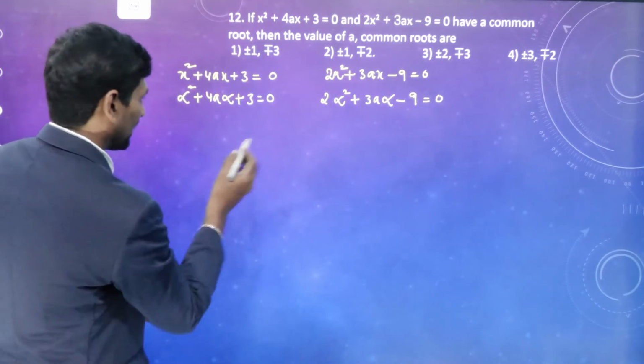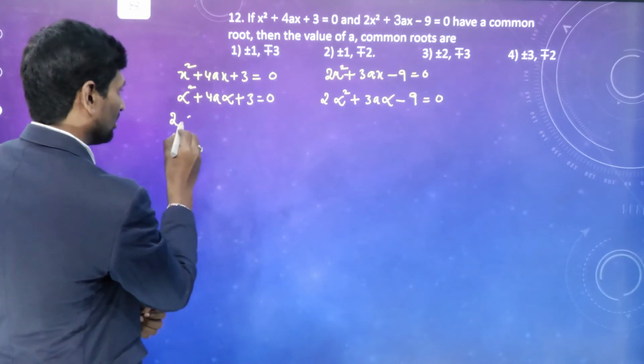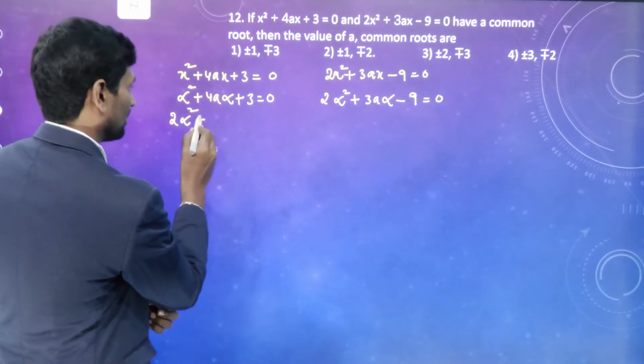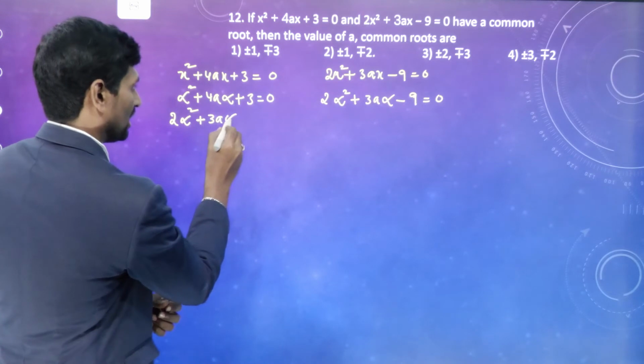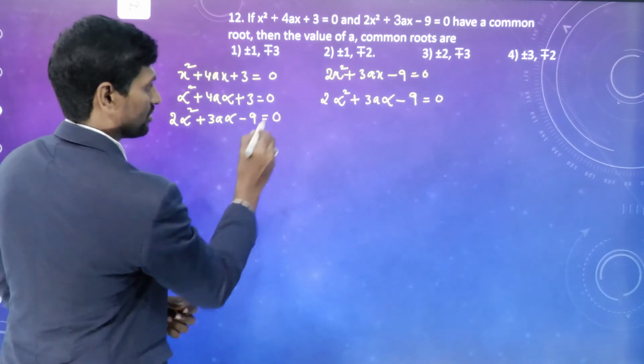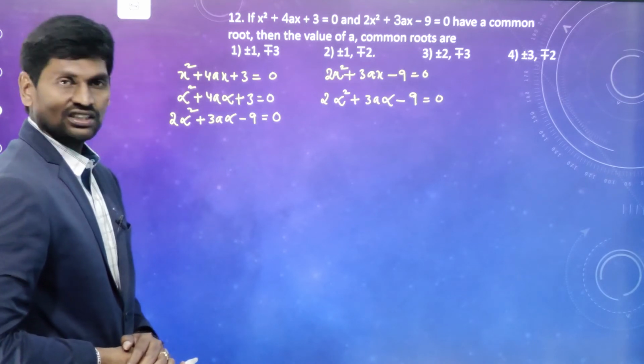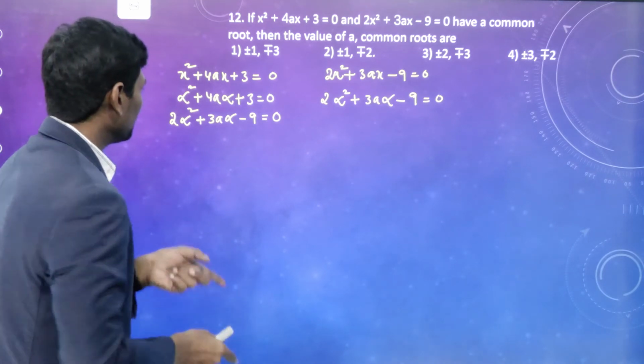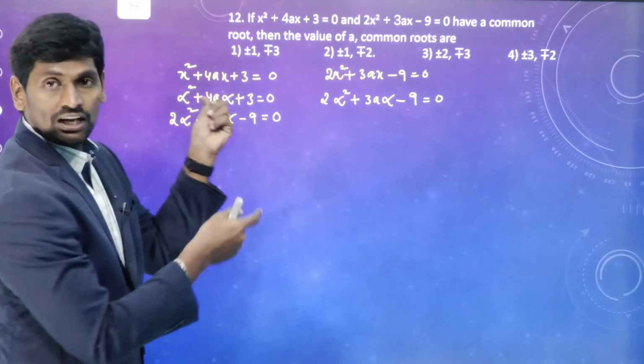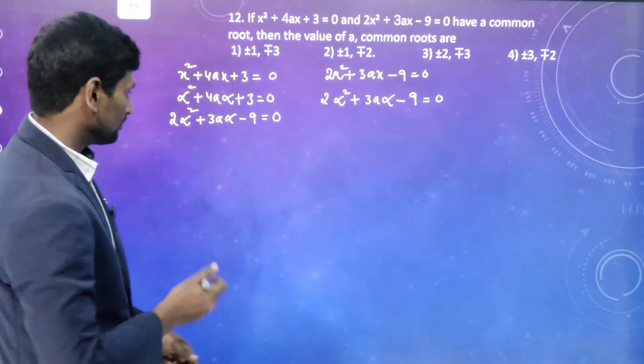Right. Now the second equation I am writing here, 2 alpha square plus 3a alpha minus 9 equal to 0. Check.